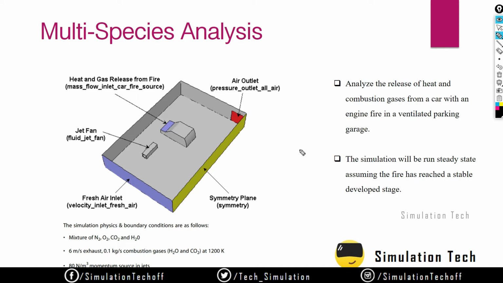If you have a combination of fluids like N2, O2, carbon dioxide and H2O vapor, we call it multi-species. In the atmosphere we have a mixture of air like N2, O2, CO2 and H2O, and everything is given over here.